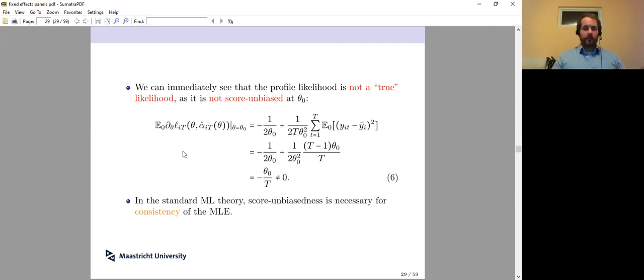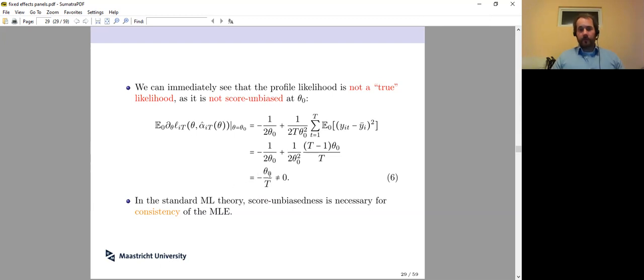However, for the profile likelihood, in this simple model here, you just do the algebra. So this thing here will be (T minus 1)/T times theta naught. This is actually just the expectation of the sample variance. You can check it. What we see is that the expectation of this thing is non-zero. So this thing here is not 0.